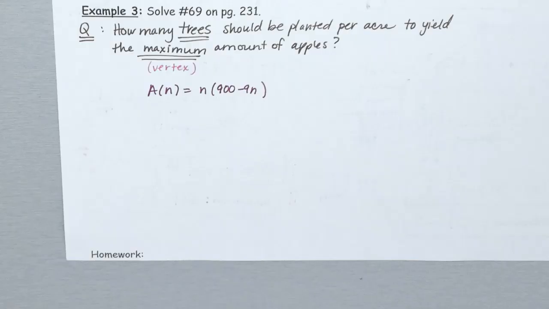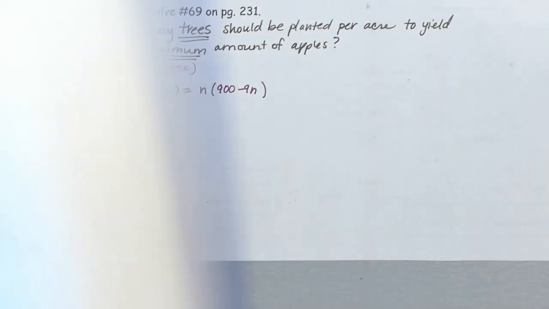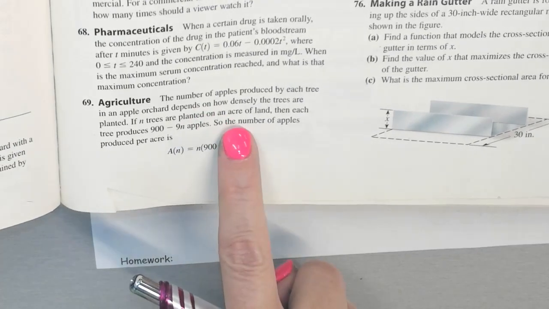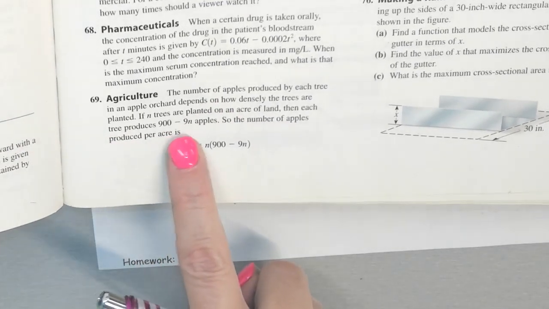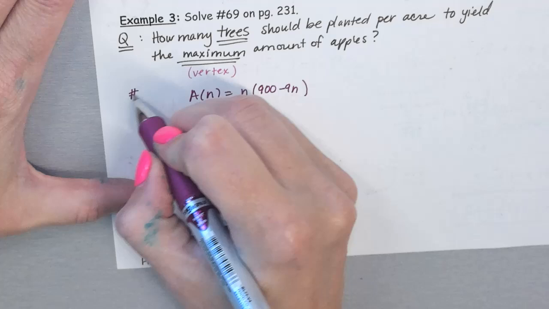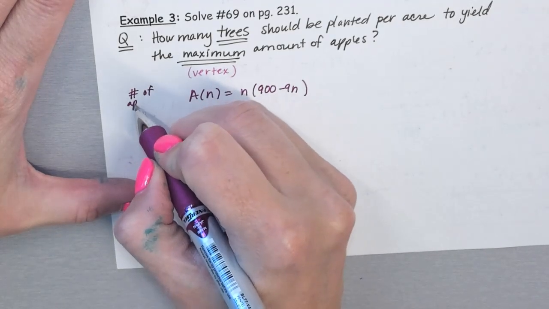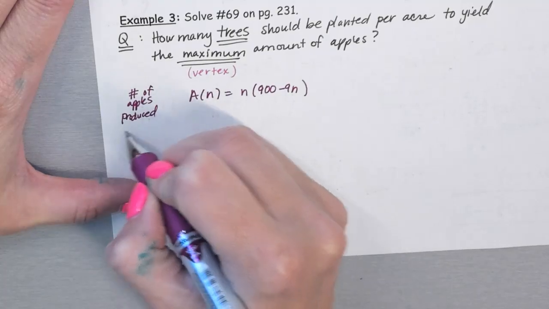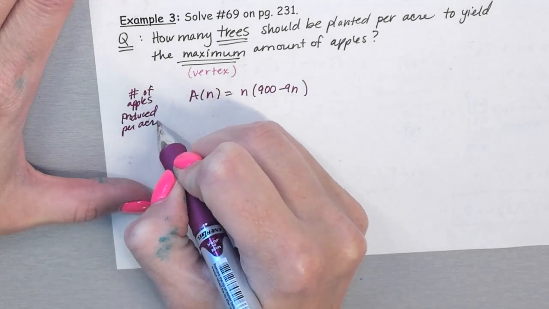Okay, what's important with the equation is that we understand what it means. So a lot of times in the story problem, they will tell you what it means. So if we just look above it, it says, so the number of apples produced per acre is, okay, so this is going to give you the number of apples produced per acre.